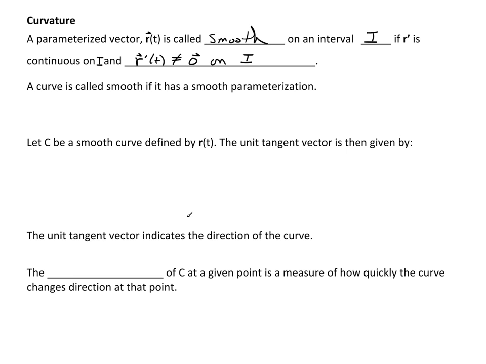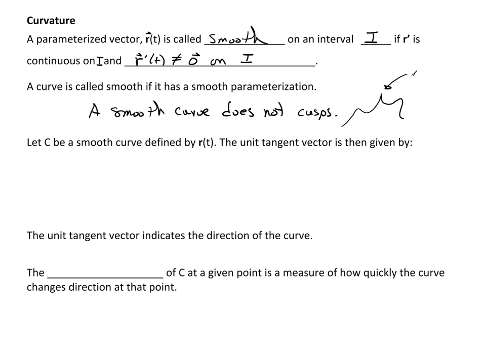Now, a curve is called smooth if it has a smooth parameterization. In other words, a smooth curve does not have cusps. So a curve that looks perhaps like this is an issue.